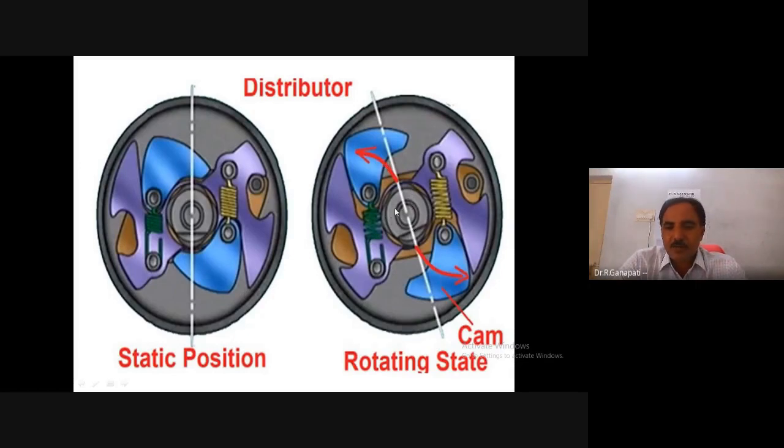When the cross piece changes its position, the cam moves in the advance. That cam is connected to the rotor arm, so the distributor arm also moves in the advance. So that is the advance mechanism in the centrifugal type.